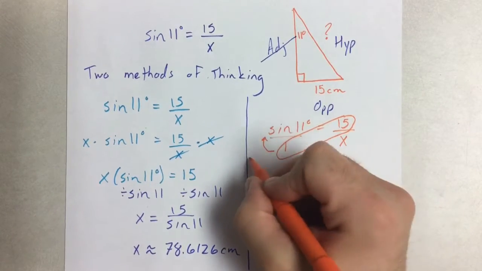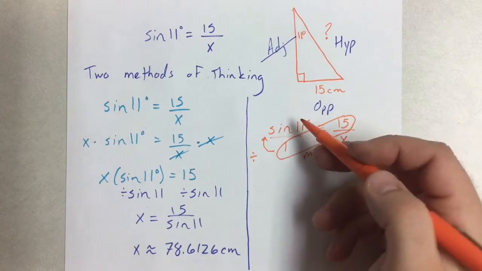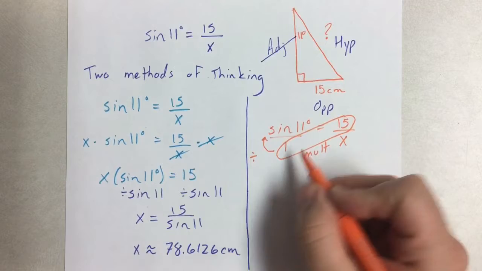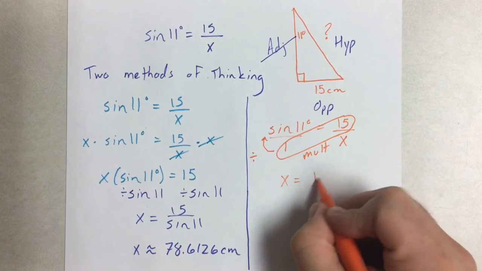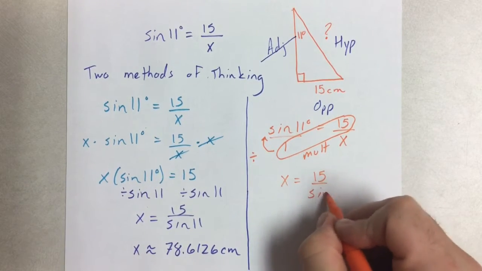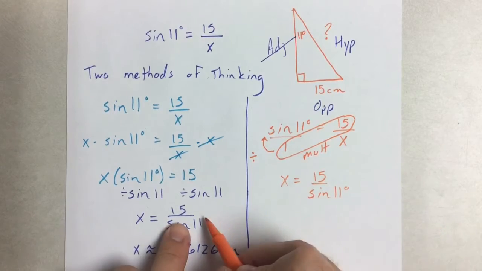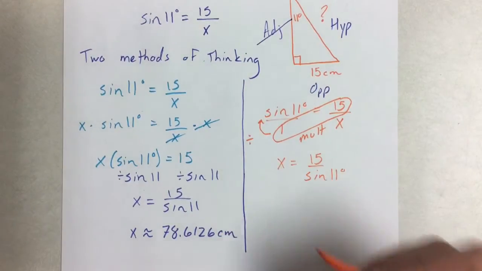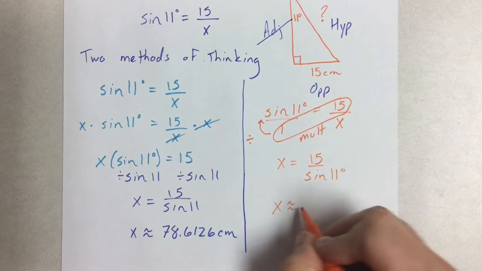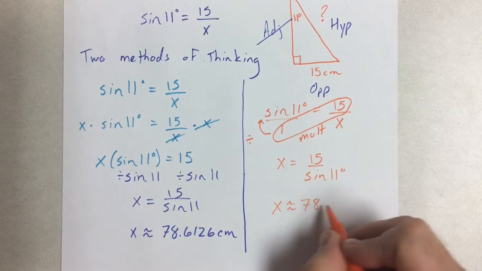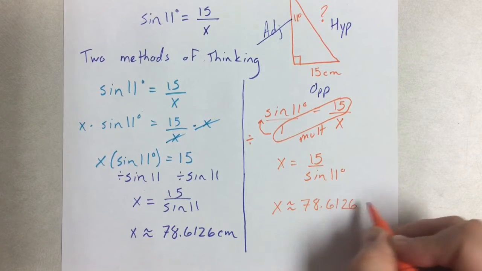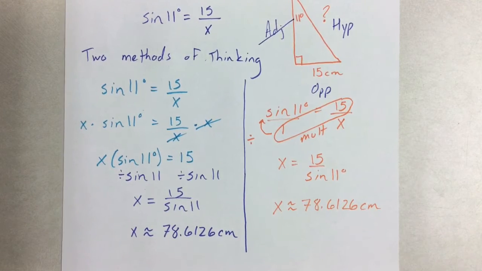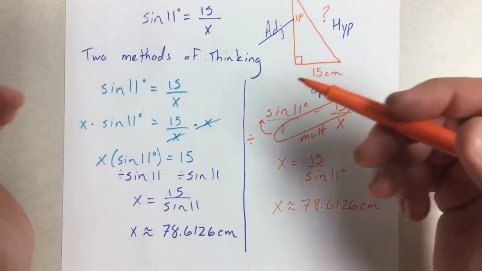And we divide by the value on the outside, so sine of 11. So 15 times 1 is 15, divided by sine of 11. And we're getting exactly what we saw here, and that should make sense. We're essentially doing the same thing. So once again, when we compute this, we get 78.6126 centimeters.